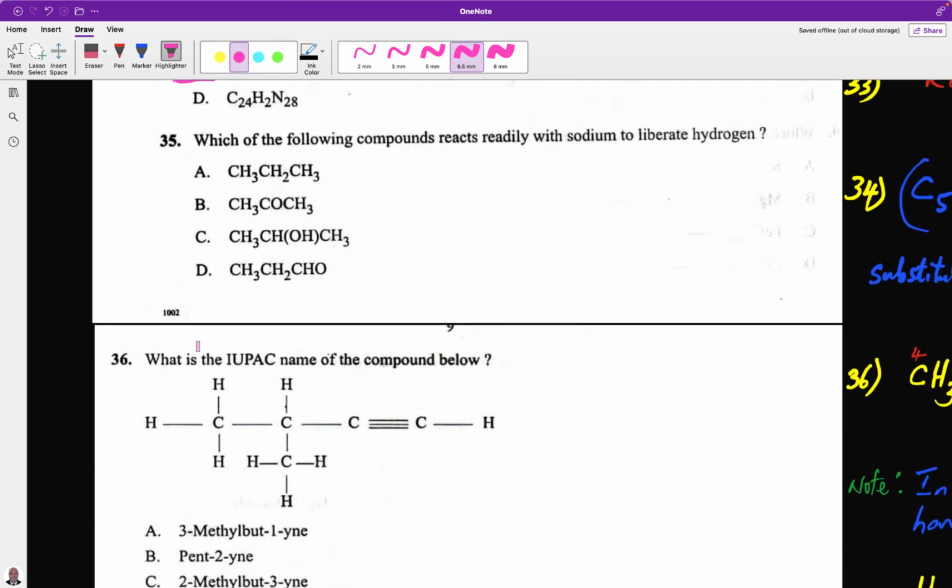At question number 35, it reads, which of the following compounds react readily with sodium to liberate hydrogen?